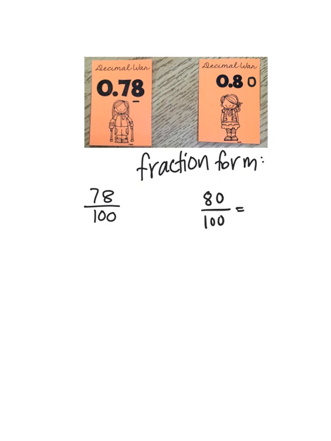They have the same value, they mean the same thing. 8 out of 10 is the same as 80 out of 100. But when you put it in hundredths, it's easier to see that this one is greater. So 78 hundredths is less than 80 hundredths.